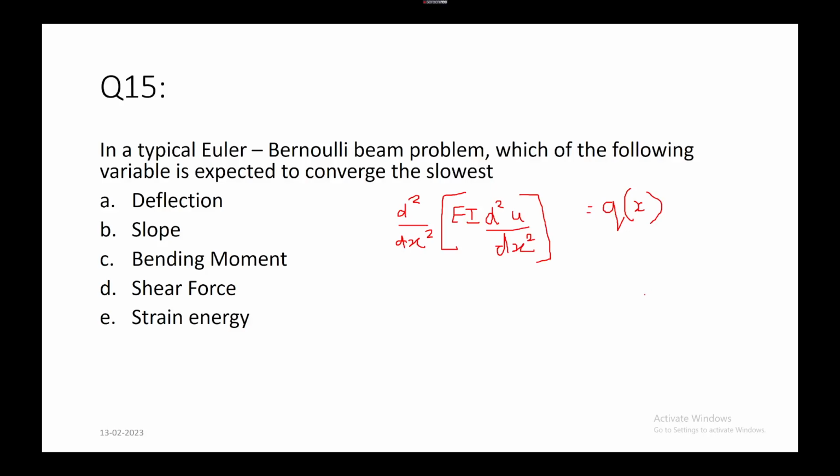So recalling the last question, we saw that if u is the deflection, du by dx was the slope.